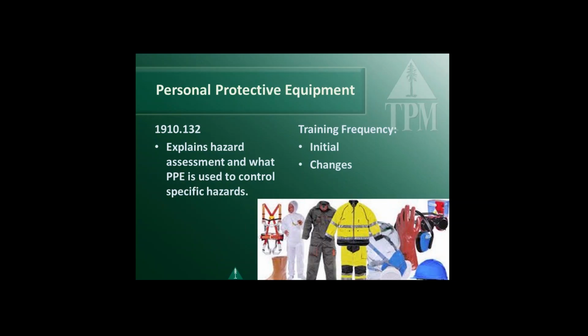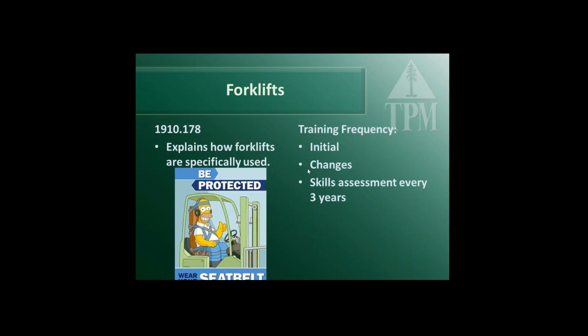That will affect the seal and bond to your face and will reduce its effectiveness. So on personal protective equipment, it's initial, and anytime you add something new, you need to train on it, and that's that one.